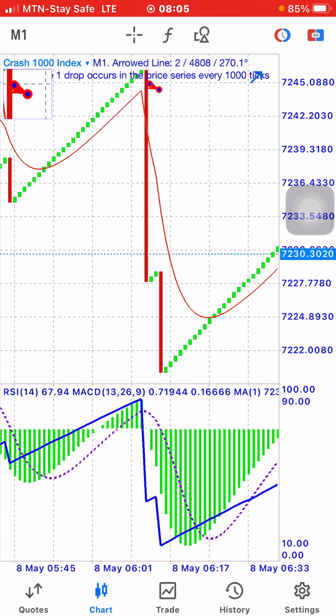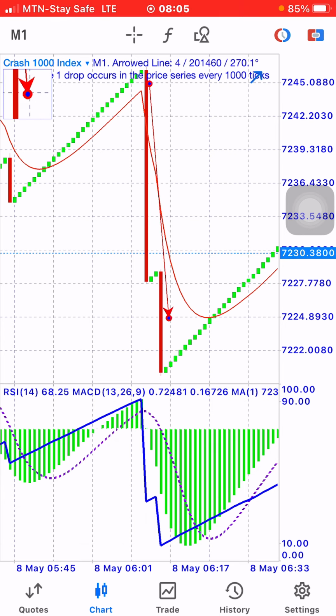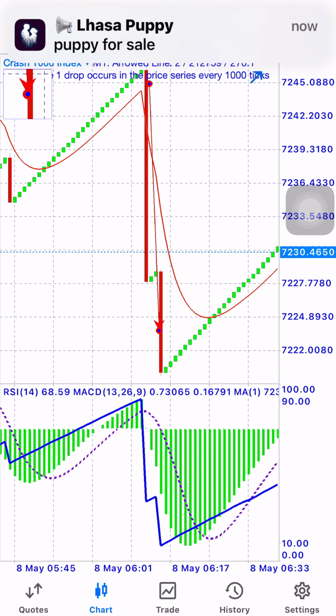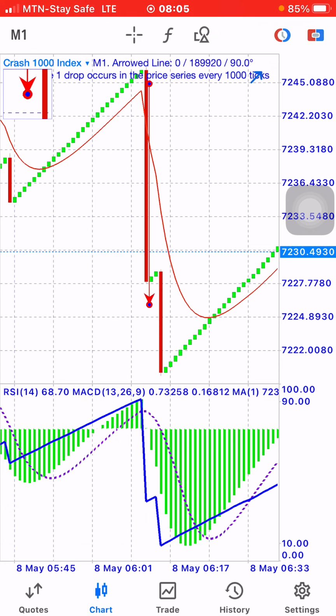Anywhere you see this red bold line coming down like this and breaking, it means a spike. So you need to leave the market before this spike occurs most times. So that's how it works.